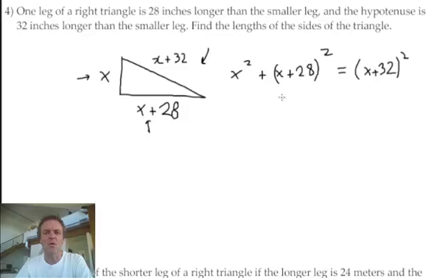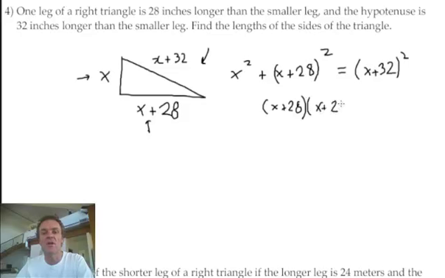Now just remember this: when you are doing (x plus 28) squared, it's not just an x squared and a 28 squared. Alright, (x plus 28) squared is x plus 28 times another x plus 28.